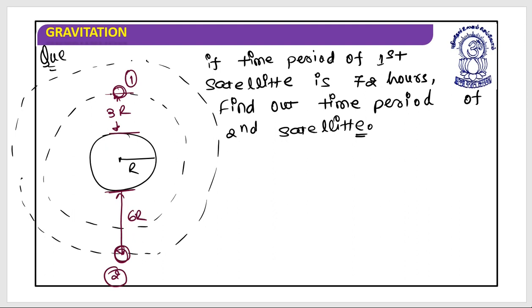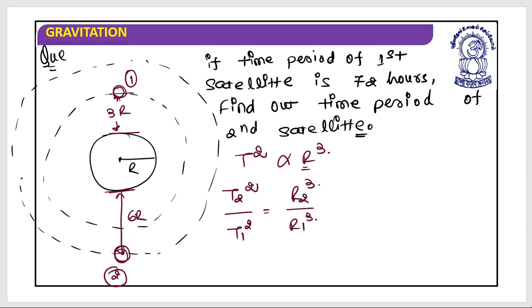According to Kepler's third law, T square is directly proportional to r cube, but this r is to be calculated from the center of the earth. So I write T2 square divided by T1 square equals r2 cube divided by r1 cube.